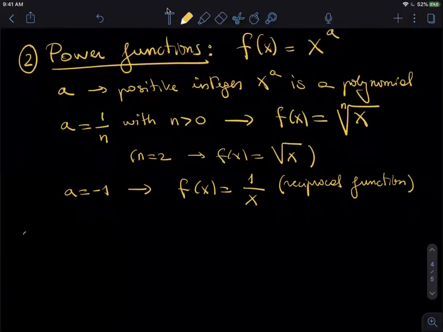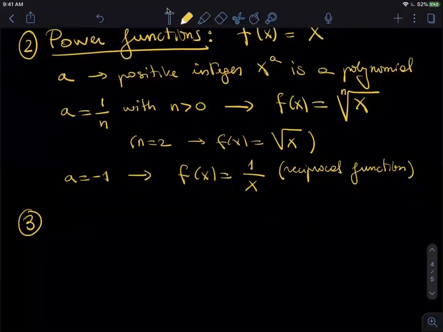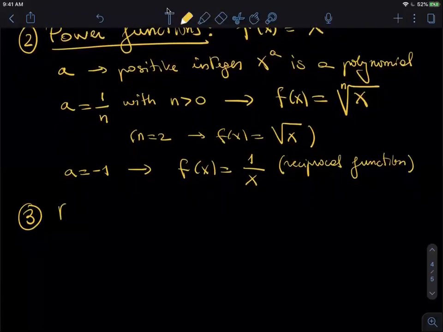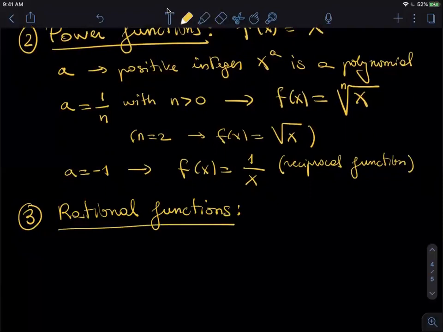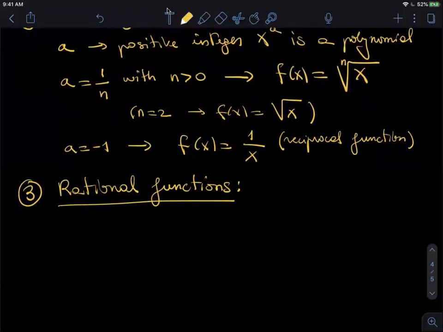Then we move on to rational functions. These are a polynomial divided by a polynomial.